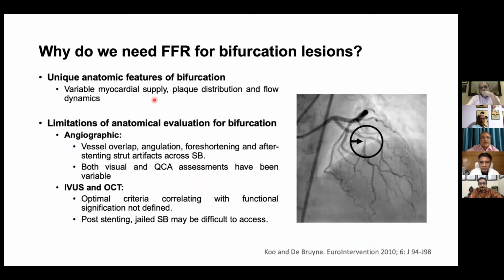And both visual and QCA assessments have been variable. While if you look at imaging by IVUS and OCT, the optimal criteria correlating with functional significance are not defined. And post-stenting, sometimes the jailed side branch may be difficult to access.